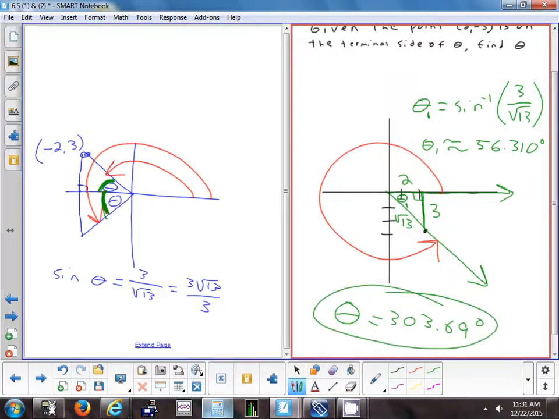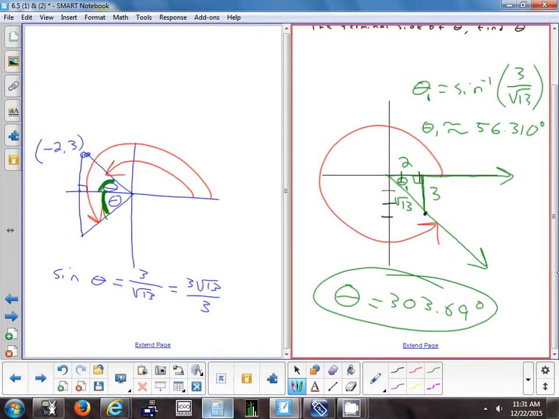Okay, and on a test, it'll always be clear if I want you to just find the reference angle or find the actual angle between the initial side and the terminal side. Most times I'm going to want the angle between initial and terminal. Okay, so any question on that?